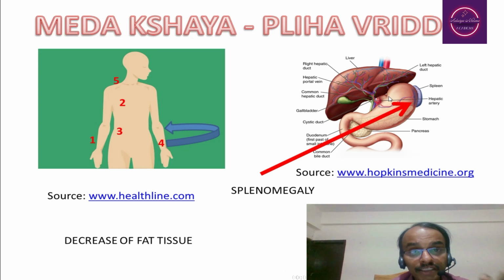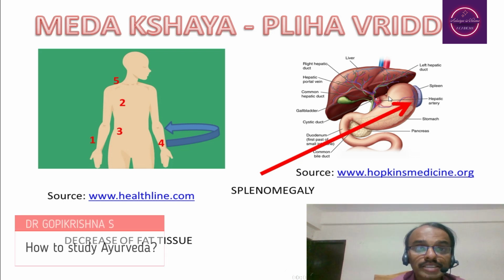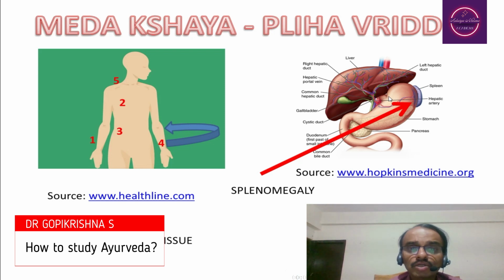That is an early phase of cirrhosis of the liver. In the next phase of cirrhosis, there will be portal hypertension. Portal hypertension means that because of the shrinkage of the liver, the blood moves backwards into the portal vein.